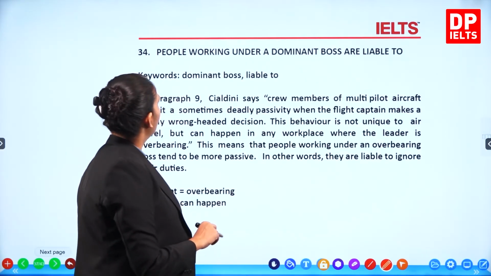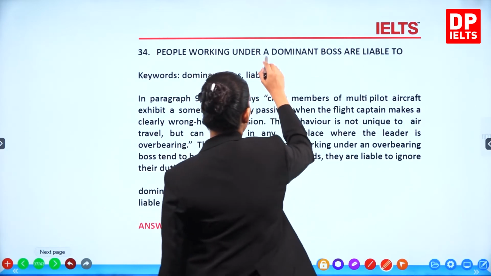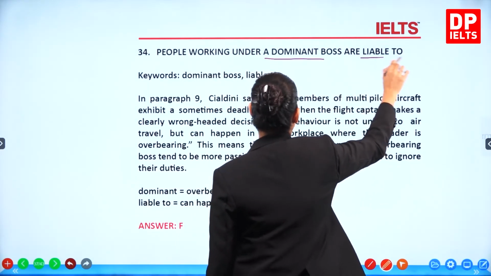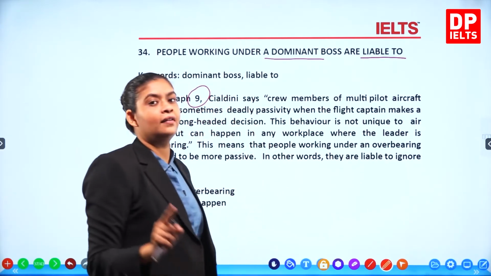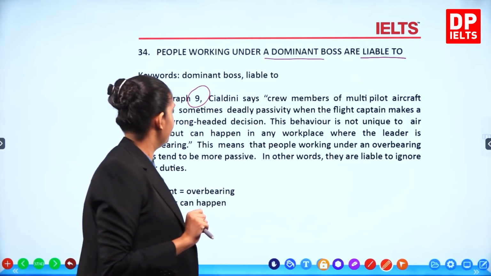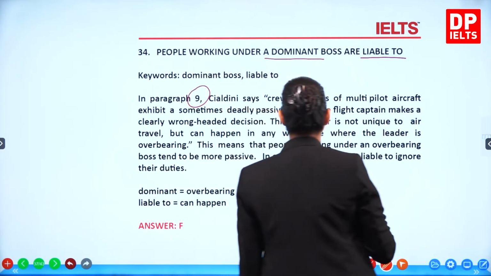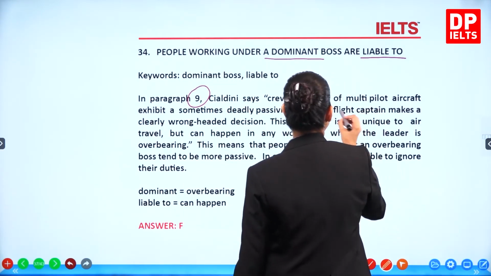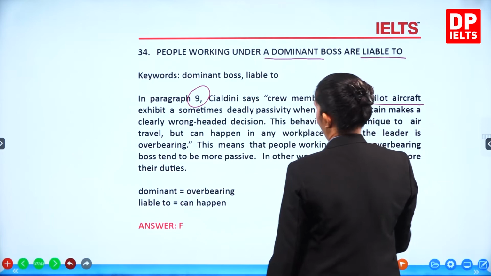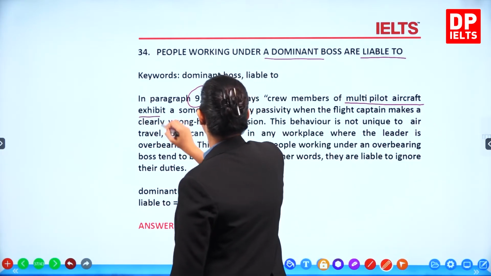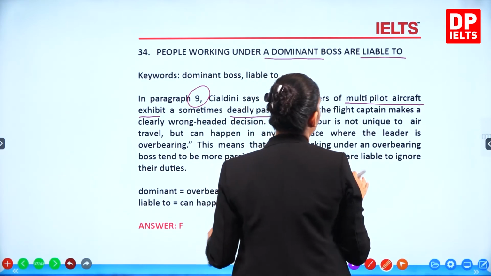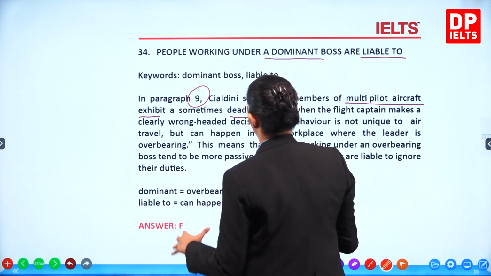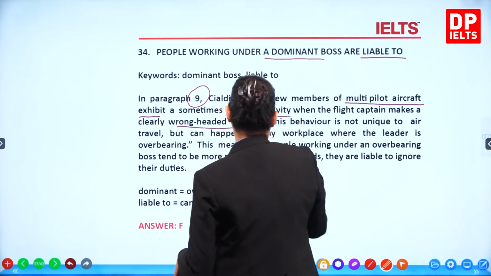34. People working under a dominant boss are liable for what? Go to paragraph 9. And there it says, crew members of multiple pilot aircraft exhibit a sometimes deadly passivity when the flight captain makes a clearly wrong-headed decision.